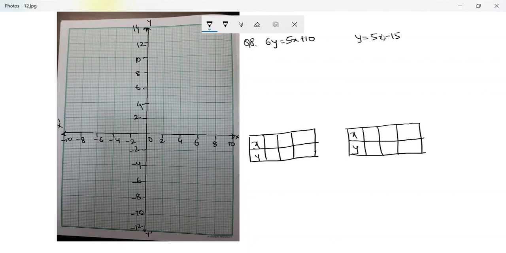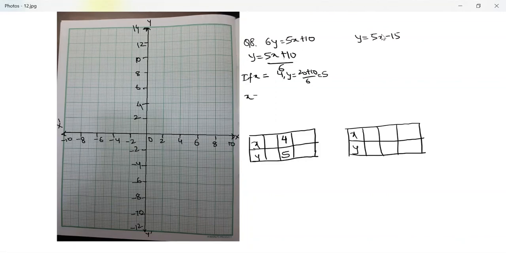6y is equal to 5x plus 10, which means y is equal to (5x plus 10) upon 6. So if x is equal to 4, y will be equal to (20 plus 10) upon 6, that's 30 upon 6, which means 5. So if x is equal to 4, y is equal to 5. I notice the denominator is 6, so I will have to keep increasing x by 6.